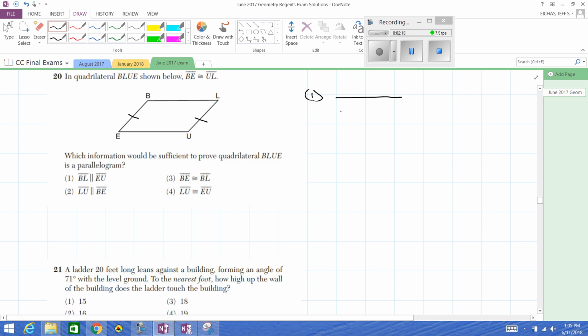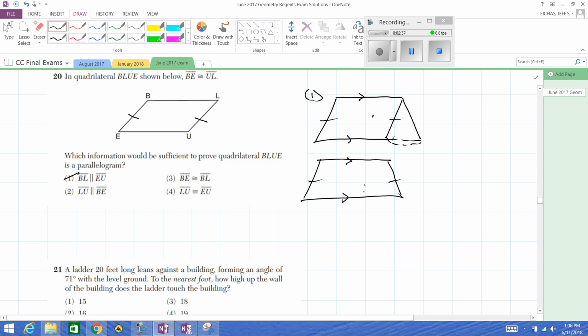When you have this situation, if these are parallel and these are congruent, the trick is that this could actually swing over to here, in which case you would have an isosceles trapezoid. So they'd be parallel, these would be the same, right? So that's not sufficient. It is either a parallelogram or an isosceles trapezoid, and that's not good enough.